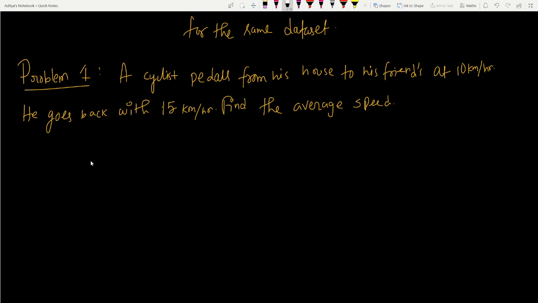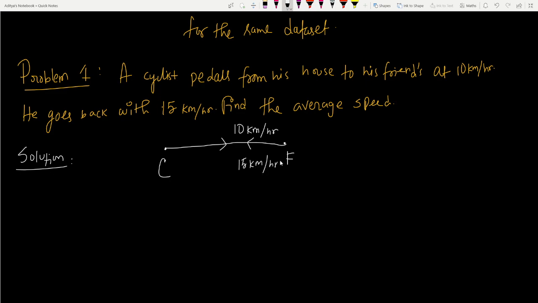So let me first write the solution here. Let's say this is the cyclist here at this point. This is his friend's house, and he goes from here to here. He goes at a speed of 10 km per hour, and when he returns, he comes at a speed of 15 km per hour. Let us consider that this distance he covers is x kilometers.